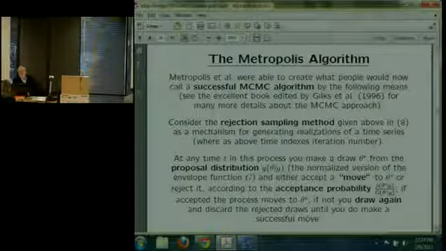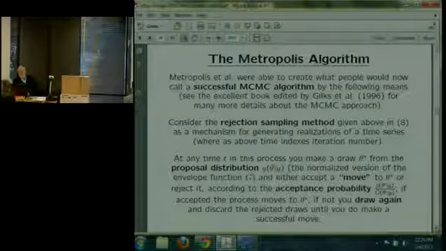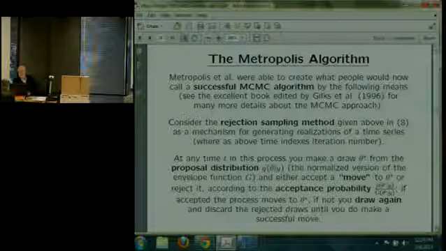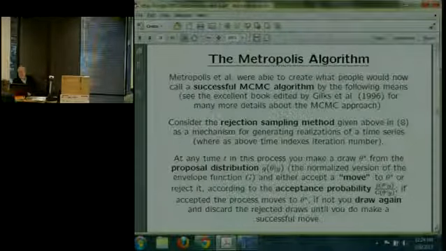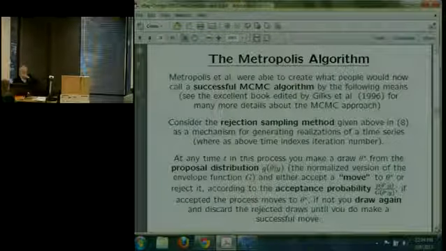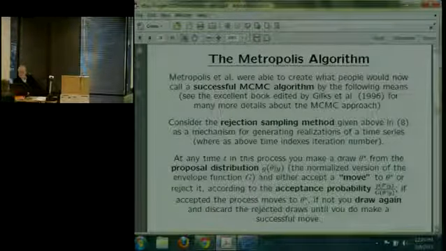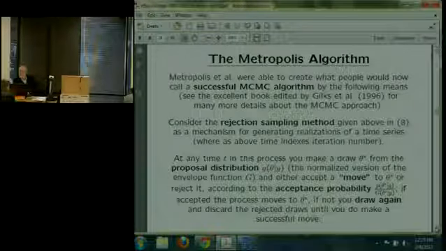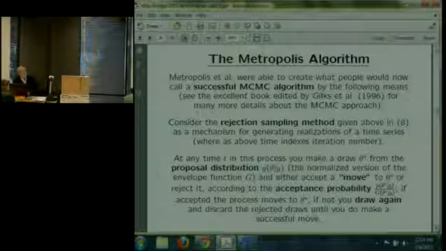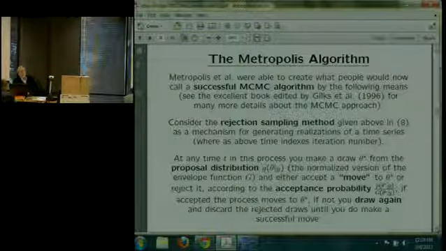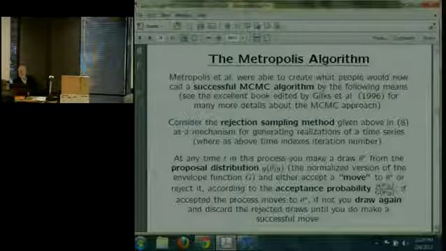What Metropolis and his colleagues said was, in order to avoid the problem of not being able to find the envelope function in high dimensions, we're going to go ahead and use this Markov thing, and we're going to do it by allowing the proposal distribution to change from iteration to iteration. In other words, we're going to make the proposal distribution be adaptive in a certain sense. And that's going to give them the freedom that they needed to not have to worry about that envelope function.